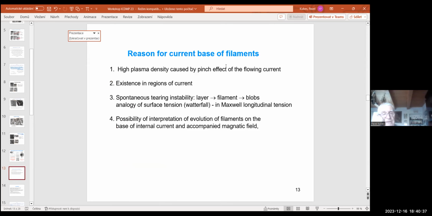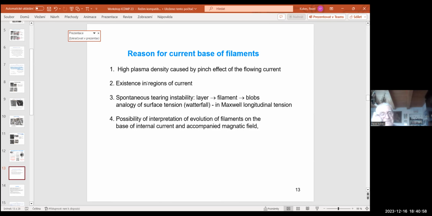How to interpret the filaments? We interpret them as areas with high plasma density caused by pinch effect of the flowing current.